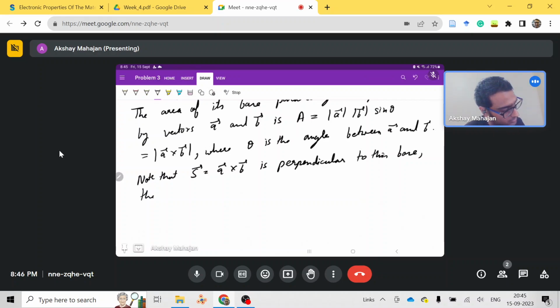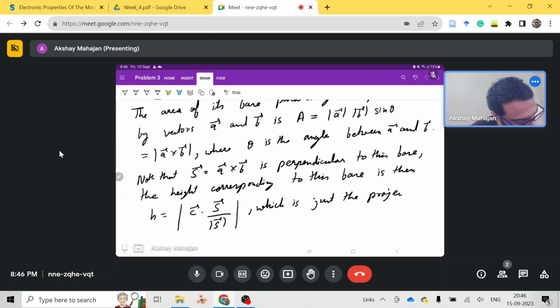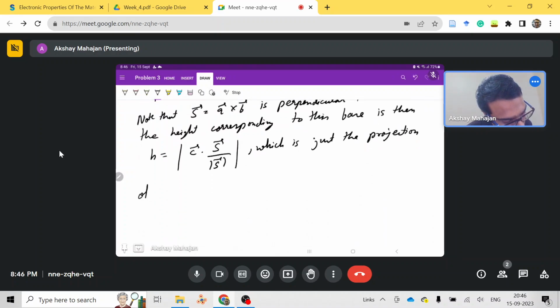The height corresponding to this base, h, will be equal to mod of C vector dot S vector by mod of S vector, which is just the projection of C vector onto the direction of S vector.